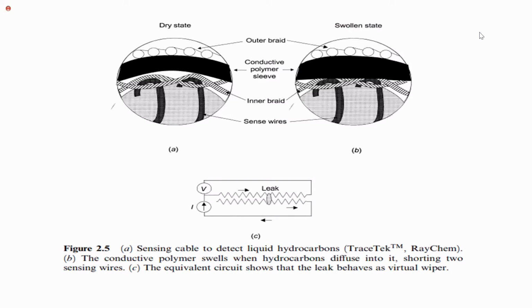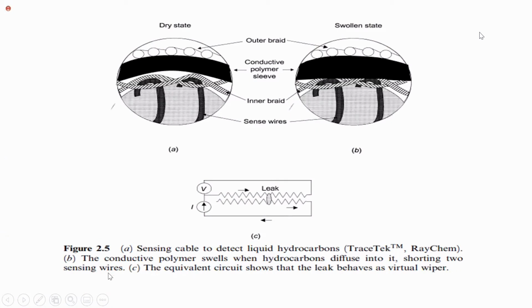And here we have another type of potentiometer. Sensing cable to detect liquid hydrocarbons. The conductive polymer swells when hydrocarbons diffuse into it.